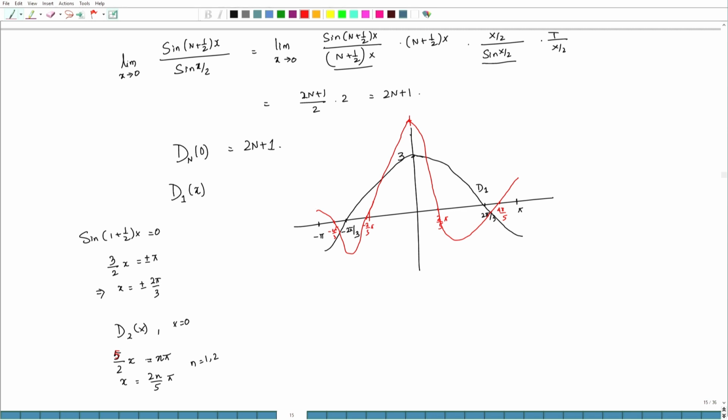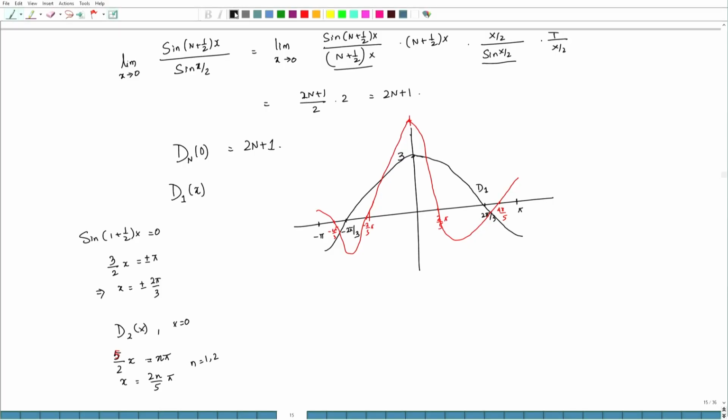So, similarly, if we go for any arbitrary n, then between minus pi to pi we are going to have 2n zeros.